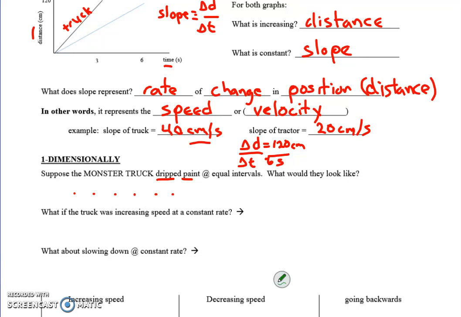And if we were to look at the tractor in contrast, at time 0 it's here, what would we expect about the dots? Well, the rate at which it's changing its position is less, so the dots would be closer together, but still equally spaced. Okay? So we want to be able to go back and forth between one-dimensional representations and two-dimensional representations.